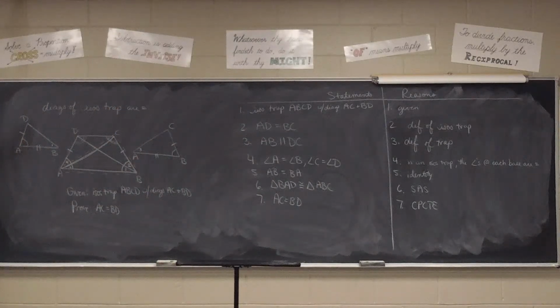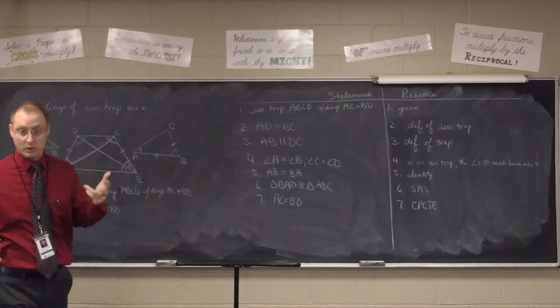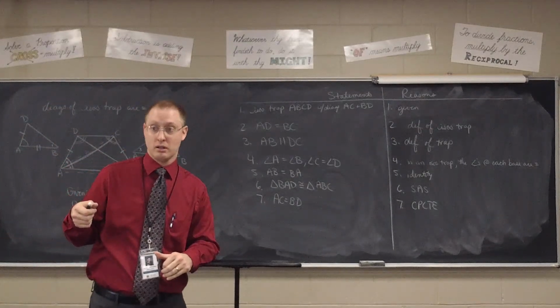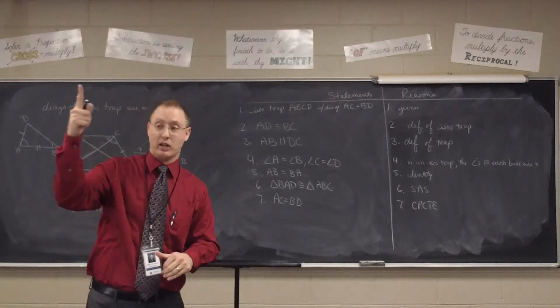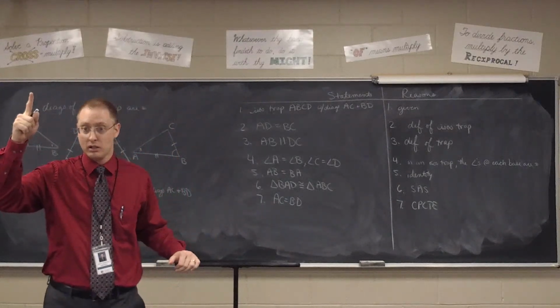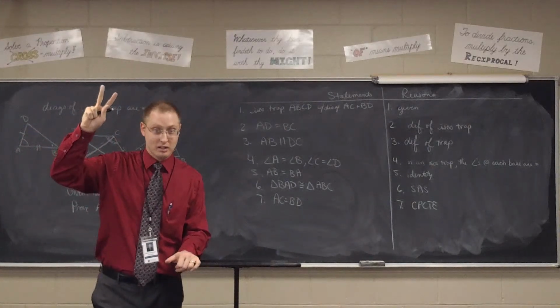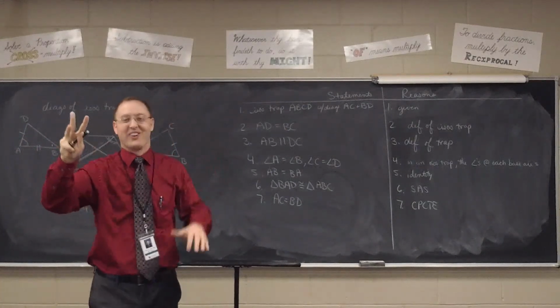So now another claim to the isosceles trapezoid is diagonals are equal. So let's think about an isosceles trapezoid for a minute. What do we know about isosceles trapezoid? Bases are parallel. Angles at each base are equal. Diagonals are equal.